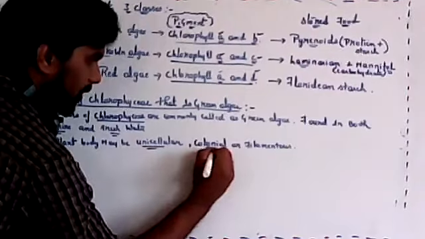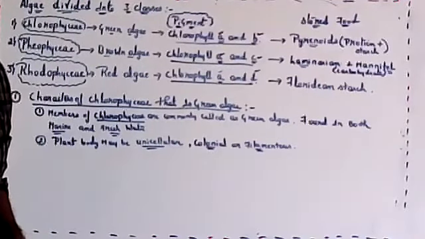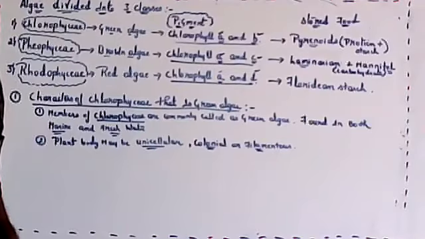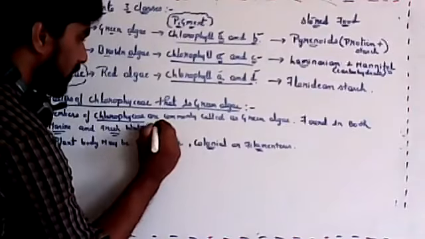Can you name any unicellular algae? Unicellular is Chlamydomonas. Prajwal, unicellular is not Volvox. Then which is the colonial form?